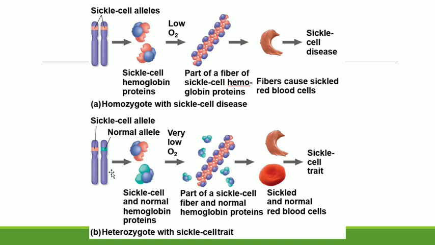And generally that individual does not have a lot of health issues. Most of them do not even know that they are heterozygous. So having one recipe or one allele that has code for the correct protein is super helpful.